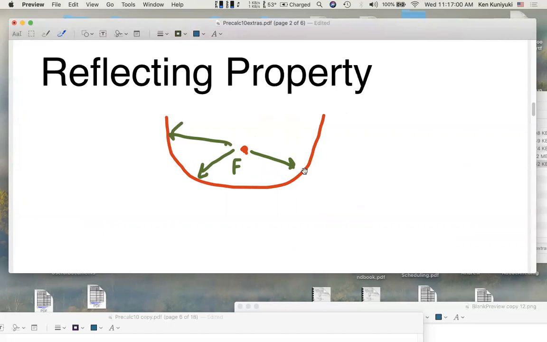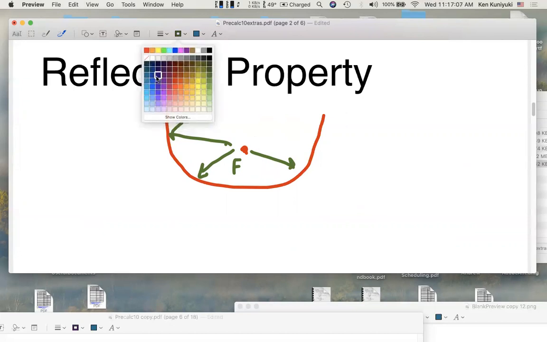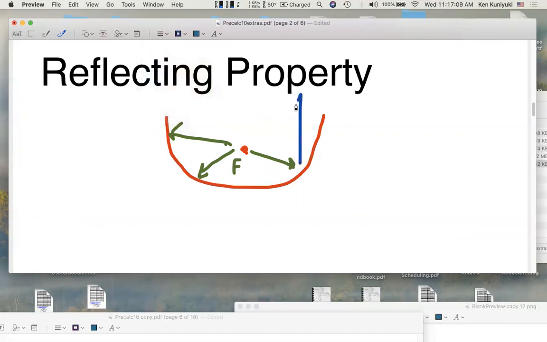How do the light rays reflect off of the parabolic surface here? They reflect off in parallel rays. The light rays reflect off the parabola in parallel rays.